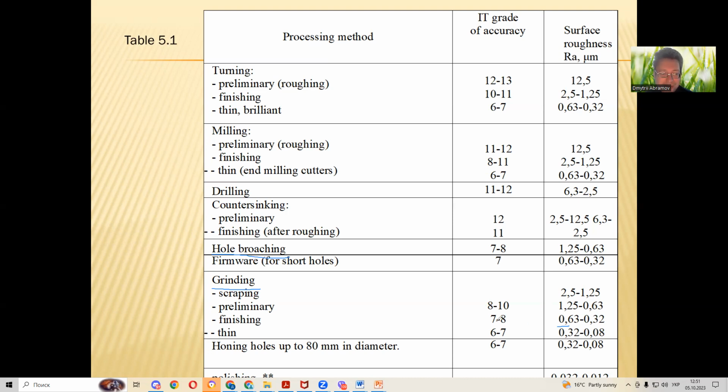And thin grinding, IT grade 6 or IT grade 7, and roughness 0.32 to 0.08. Honing holes up to 8 millimeters in diameter will be IT grade 6 or IT grade 7, and roughness 0.32 to 0.08.